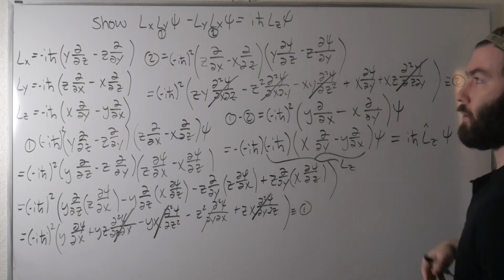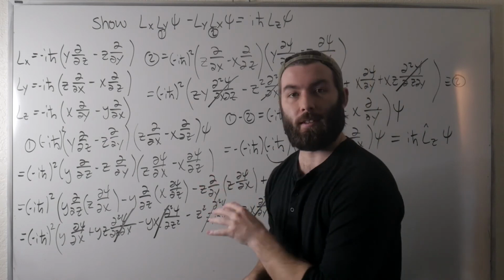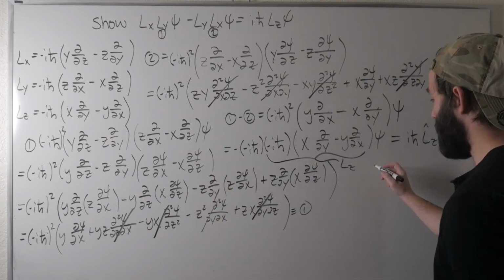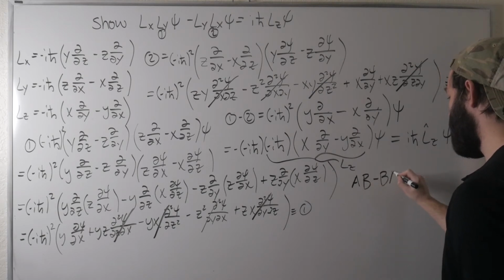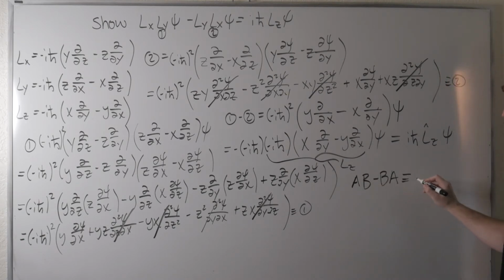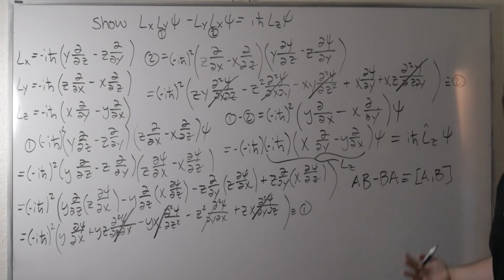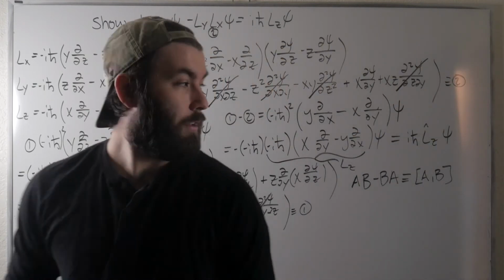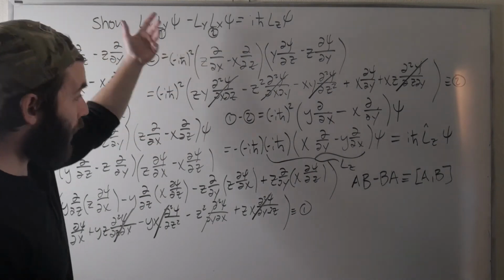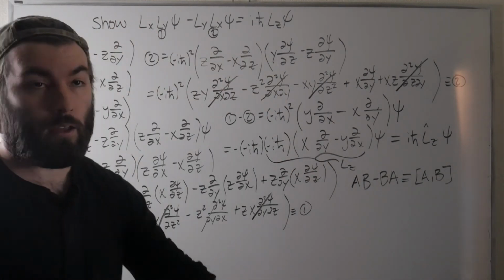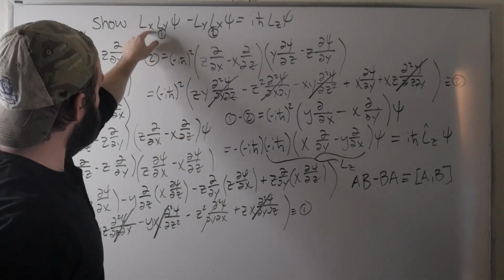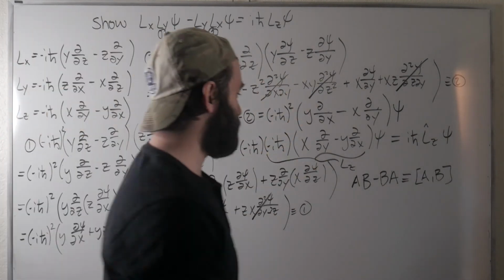Now, just for the sake of conciseness and brevity in the future, oftentimes if we have something like AB minus BA, we shorthand this in the following way. It's called the commutator. You would say this as the commutator of A with B. And we could write this as the commutator of Lx and Ly.